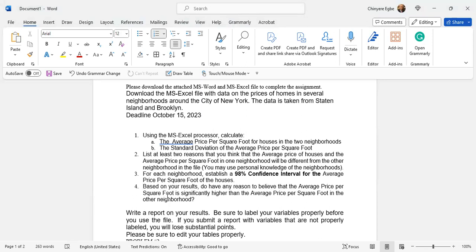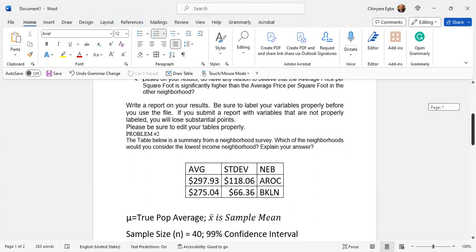Based on the calculation that you are going to make, do you have any reason to believe that average price per square foot is significantly higher than the average price per square foot in the other neighborhood, okay? So in statistical analysis, you don't just say, I think. No, you do a calculation and then you use that calculation to really make a statement and say, but look at the numbers, okay? Look at the numbers. So the analysis is based on numbers, not what you think.